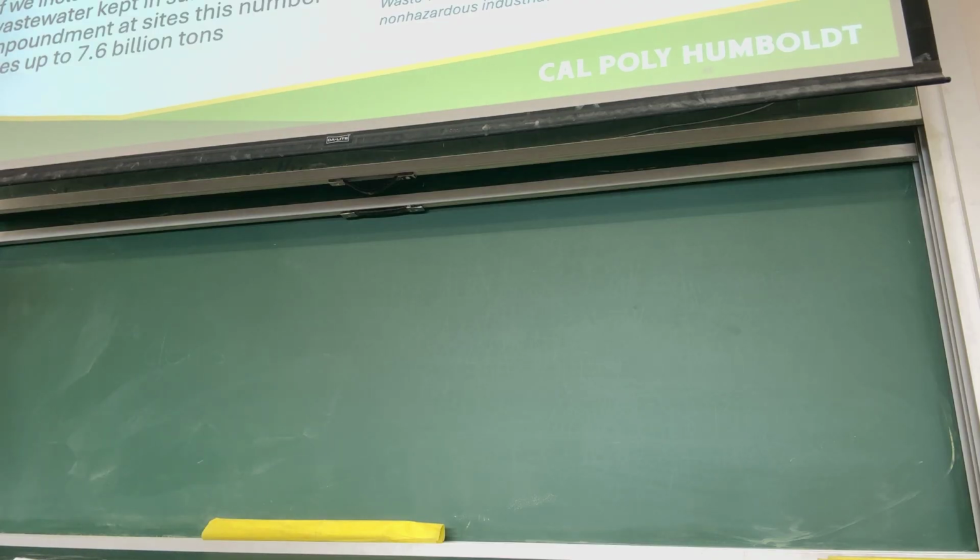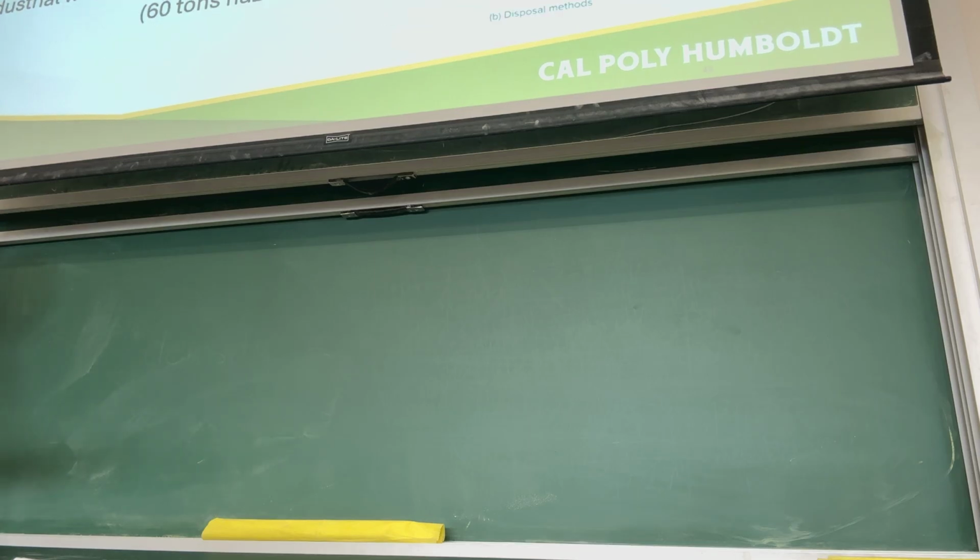Good. So there's a number that was thrown around a lot when I was a student, but you'll see it less now, though depending on who you're taking your courses from, they might still use this 7.6 billion tons of non-hazardous industrial waste generated each year. Compare that to the 400 million number. It's a big difference.